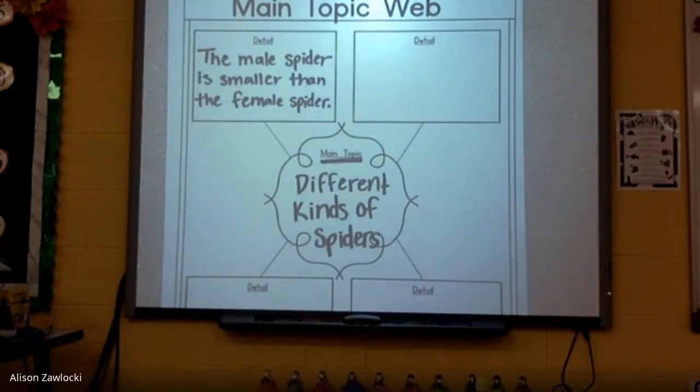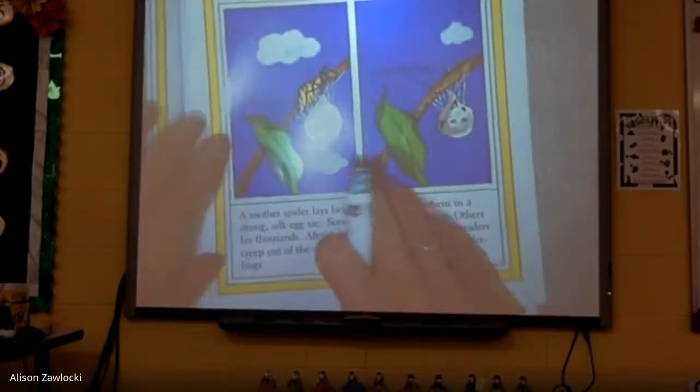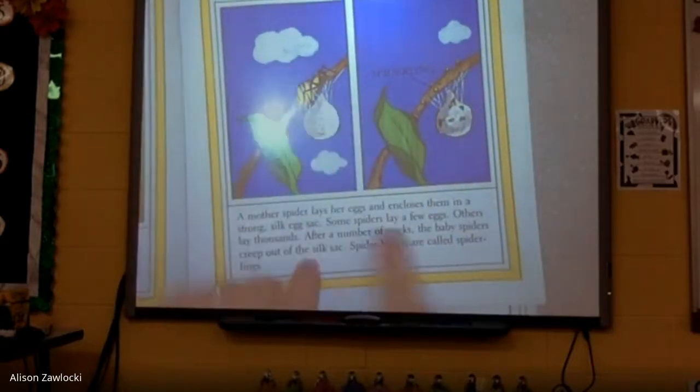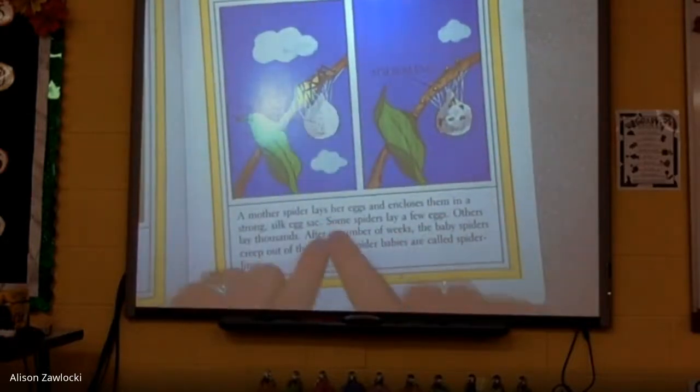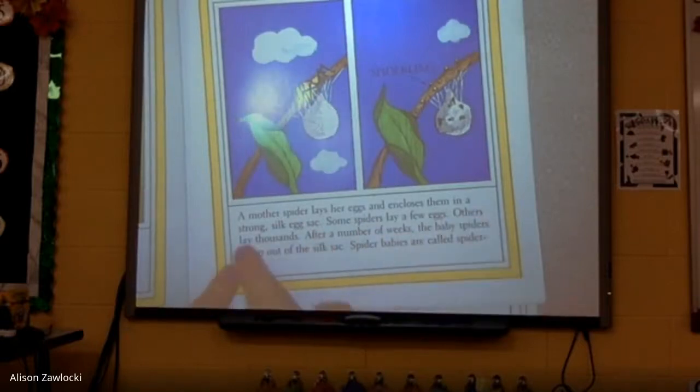Okay, let's do our other detail. So this also supports our main topic. We see here, this picture shows us that the mother is laying some egg sacs, but I notice in this sentence it says, some spiders lay a few eggs, others lay thousands.